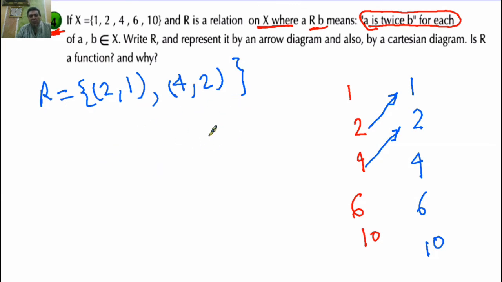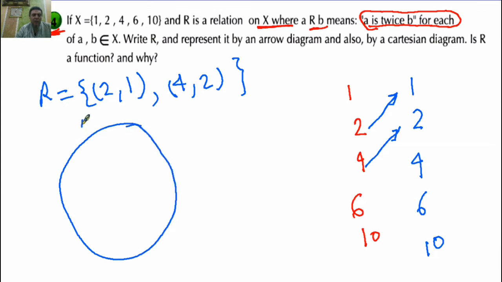To represent it by arrow diagram, we draw one set X: 1, 2, 4, 6 and 10. The arrows: 2 and 1, 4 and 2. Those are the only two ordered pairs.